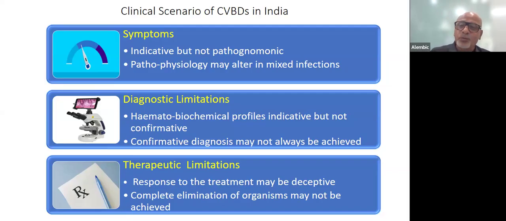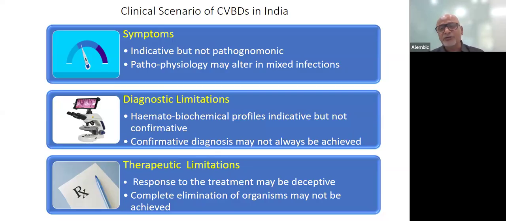Then one more thing is that there is no 100% successful treatment for Babesia gibsoni. There is no 100% curable treatment available. Even in Ehrlichia canis, people say doxycycline is a good drug, but complete elimination of the organisms is sometimes very difficult.